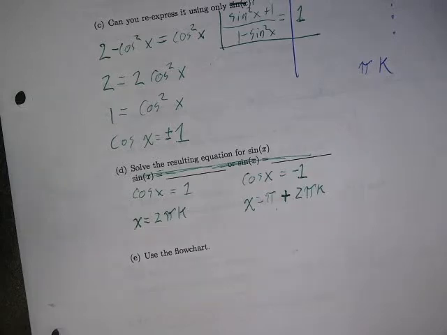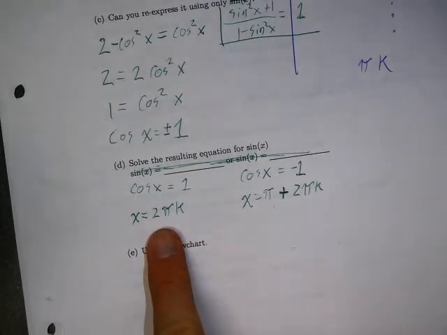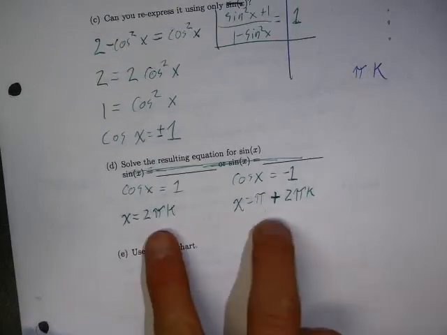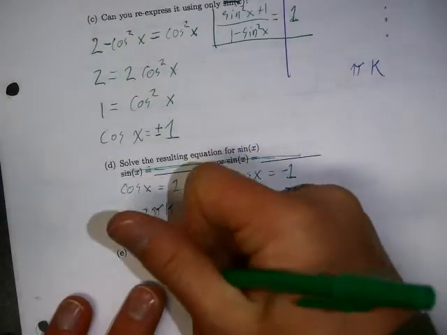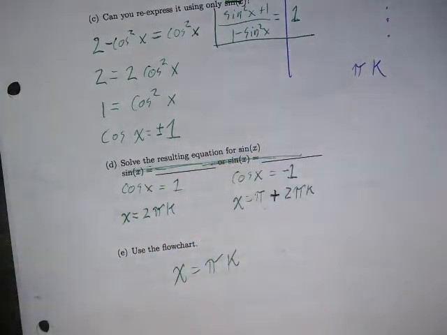Is it clear that those two give you the same sets of solutions? Yeah. This is all multiples of pi. Here I see all even multiples of pi and all odd multiples of pi. So one thing we even see is a simplification: x equal to any multiple of pi.